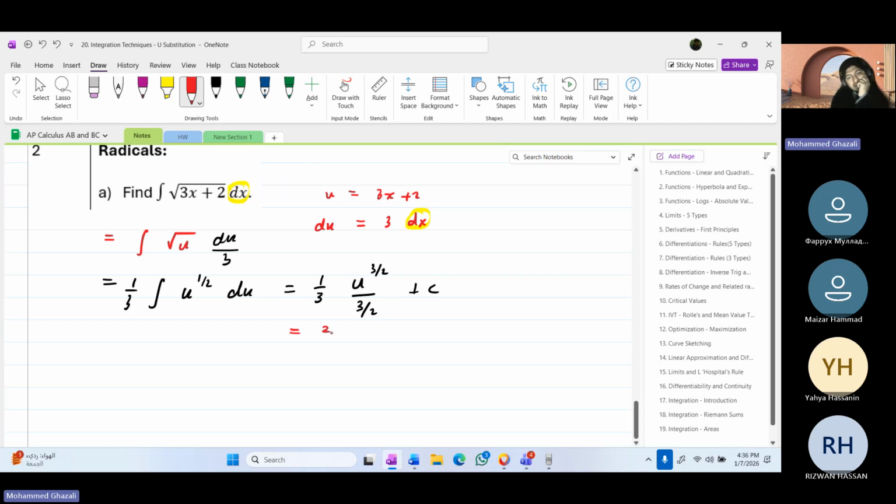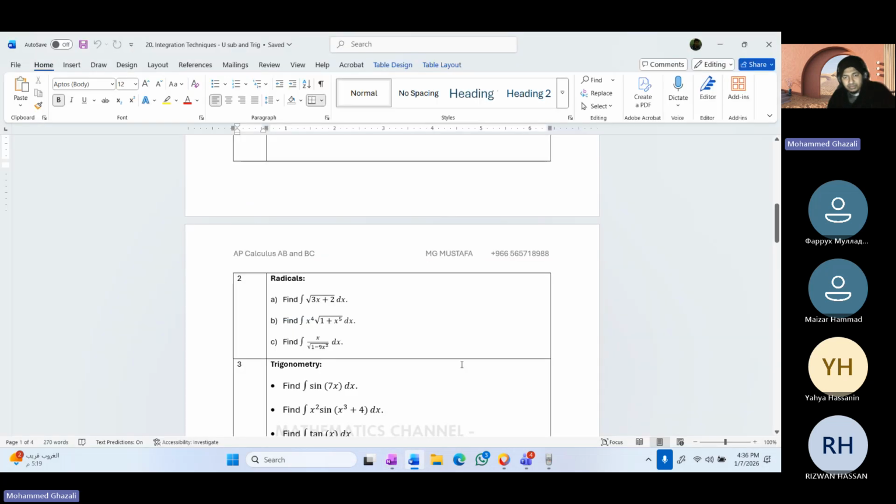So you'll get 2 over 9, 3x plus 2 to the power 3 over 2 plus c. Are we good, guys? It's 1/3 times 2/3. 1 divided by 3 over 2 is 2 over 3. Okay, 2 over 3. 1 times 2 is 2. 3 times 3 is 9. So 2 over 9. Any questions? We good? Quite simple, that one was.